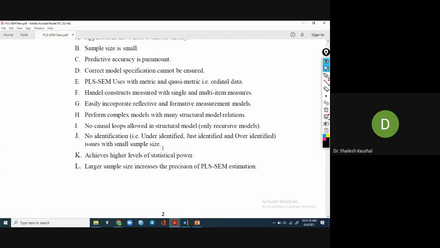Under-identified means when the construct has less than three questions, meaning one or two questions.